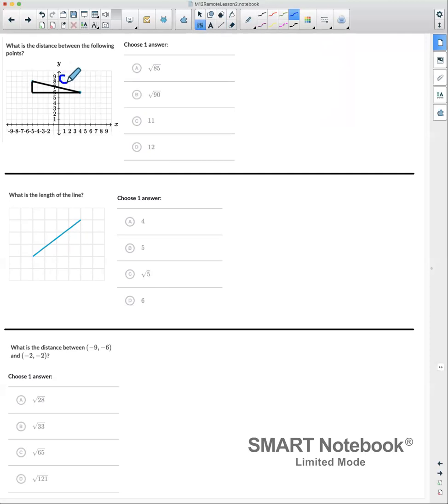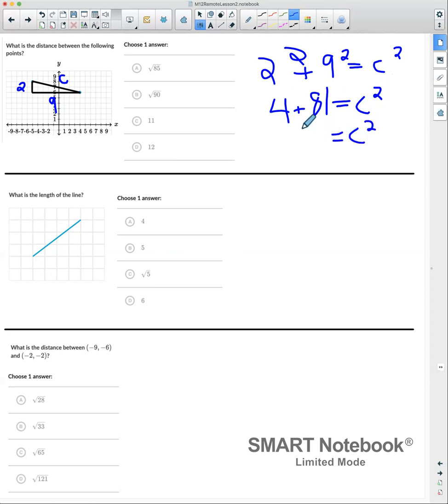The height is 2, and the base goes from -5 all the way to 4, so this has a length of 9. So we have 2 and 9, and now we just plug in. 2 squared plus 9 squared is equal to c squared. 4 plus 81 is c squared. C squared is 85, so c has to be radical 85.